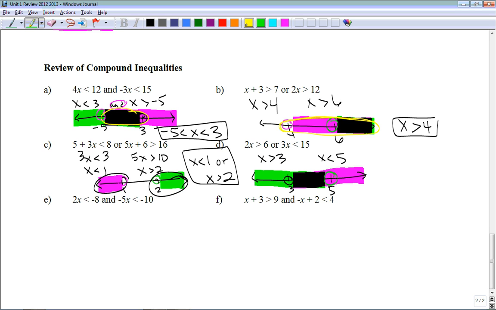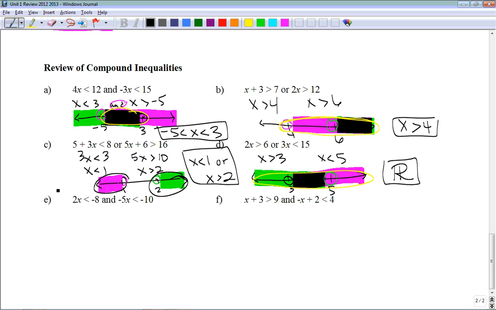Okay, but or wants to include everything that was shaded. Well, that's the whole number line. So our final answer will be everything. In other words, all real numbers. All real numbers can only occur when you have or.